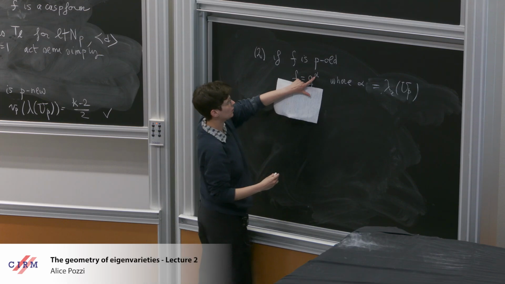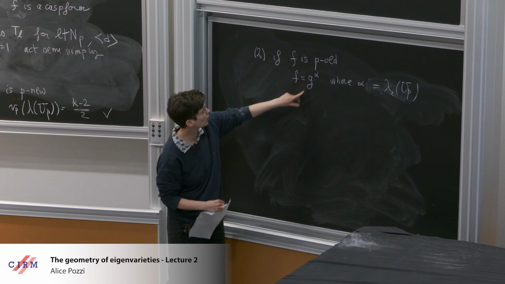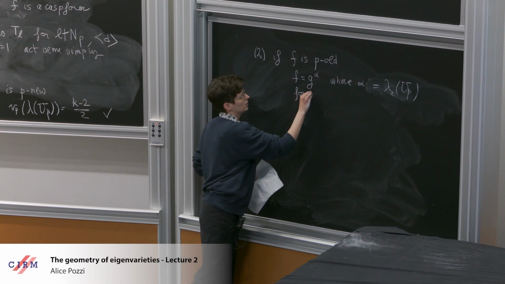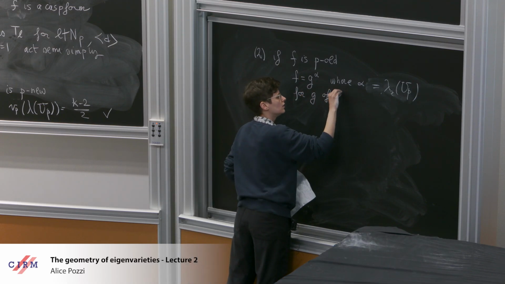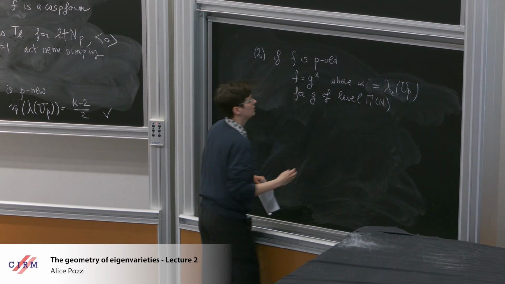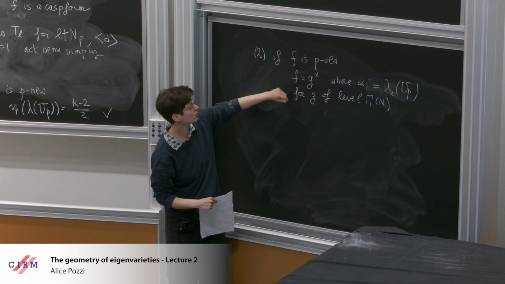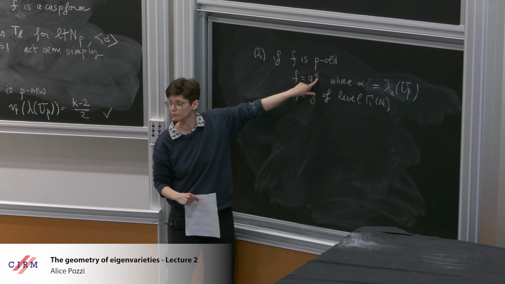And this denotes the unique stabilization of G, of level gamma 1n, with eigenvalue alpha for UP.